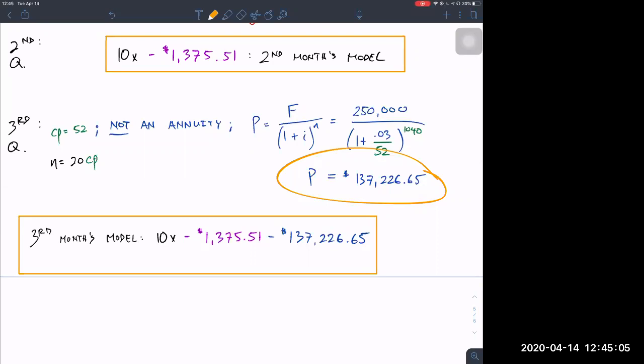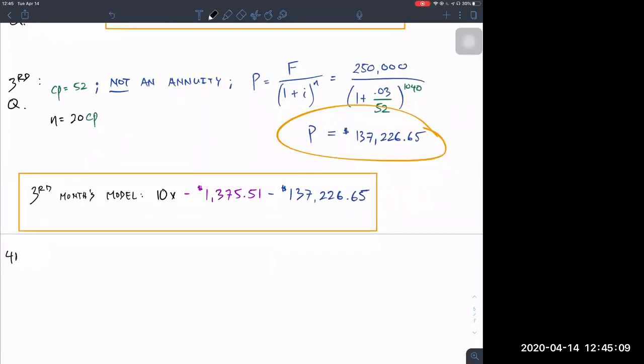And then the last question was asking about break even, right? Fourth question here. Not only is it asking for break even, but break even specific to this model, right? So you don't have to worry about the original model or money carrying over.